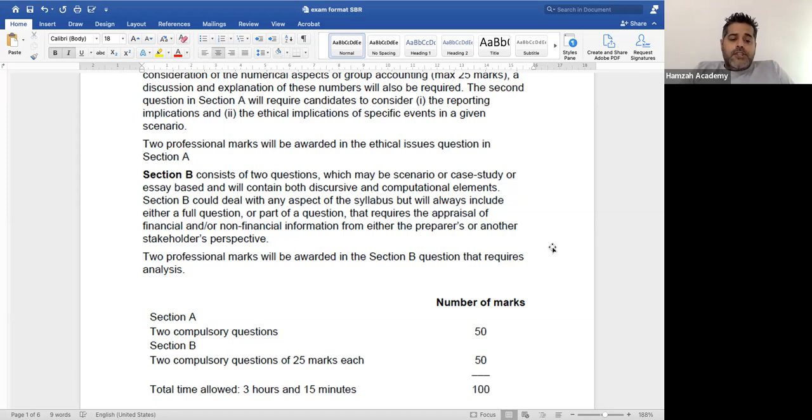The discussion always starts with the introduction of the standard, about what it deals with, what the recognition criteria is, and what the standard says about the particular thing which is being asked in the question. So the first few lines are going to be about the introduction and all. So these are the standard ones. And then we jump towards the specific scenario being given to us in the question.